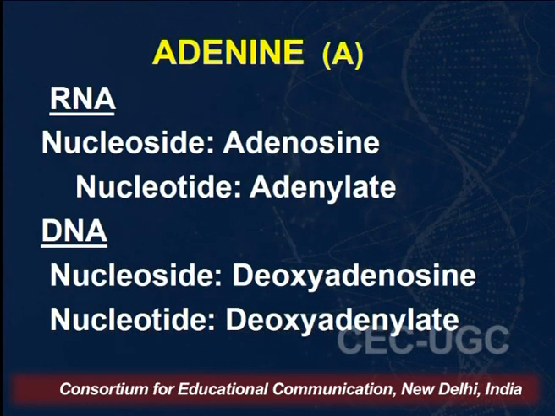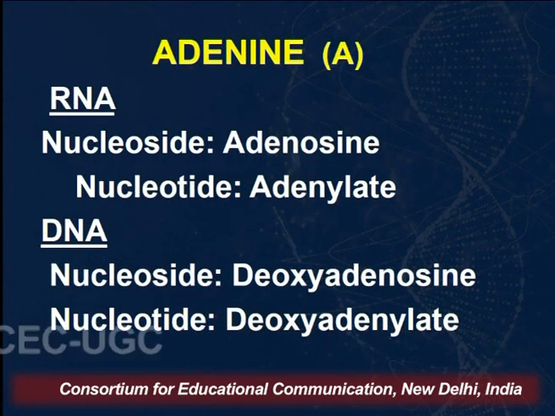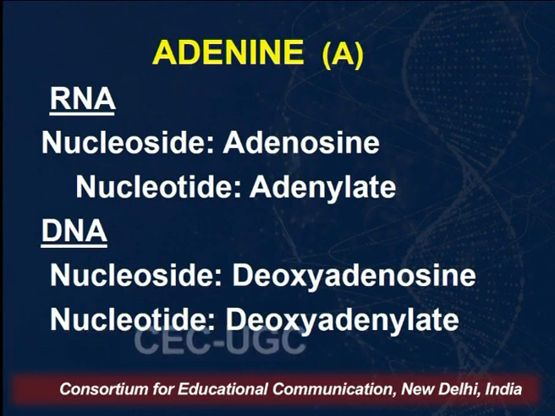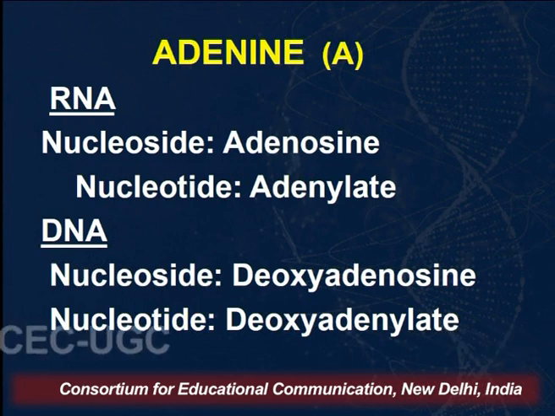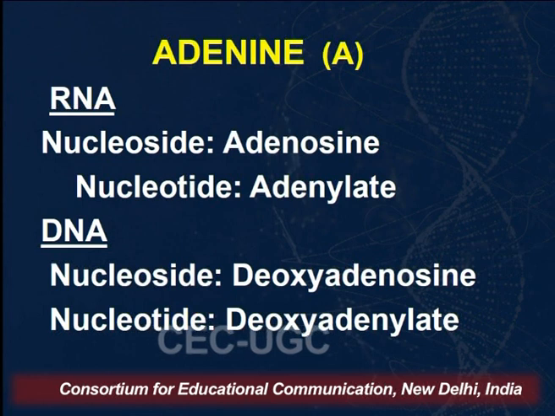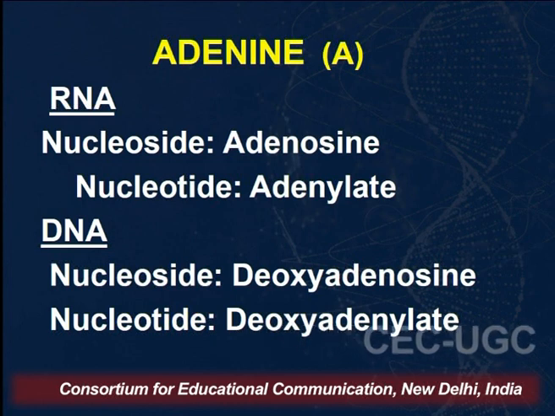If you look into more examples of this, I have taken both the examples for RNA and DNA. Here we are just going to do the naming of the nucleosides and nucleotides. If adenine is the base here, the nucleoside will be adenosine and the nucleotide will be adenylate. Similarly, for DNA, everything will be the same, only we are adding deoxy.